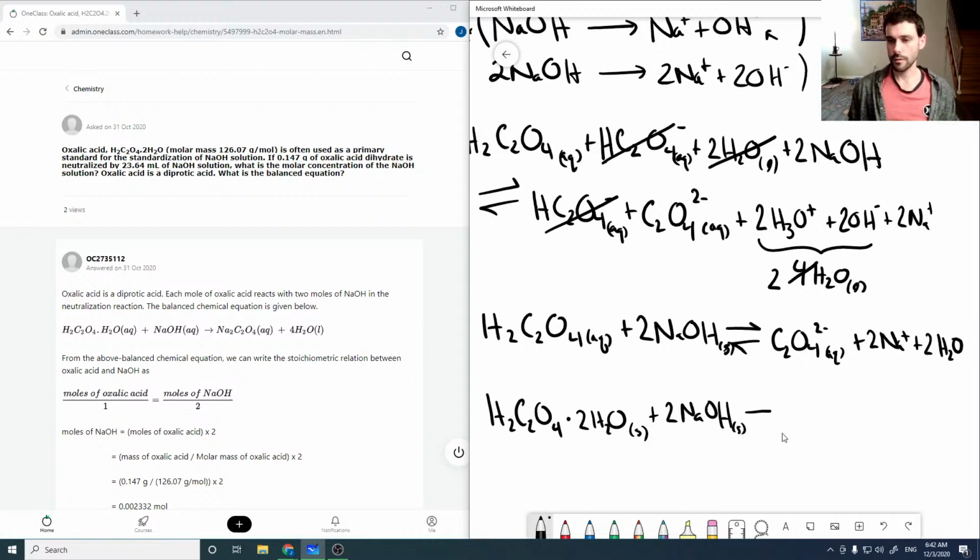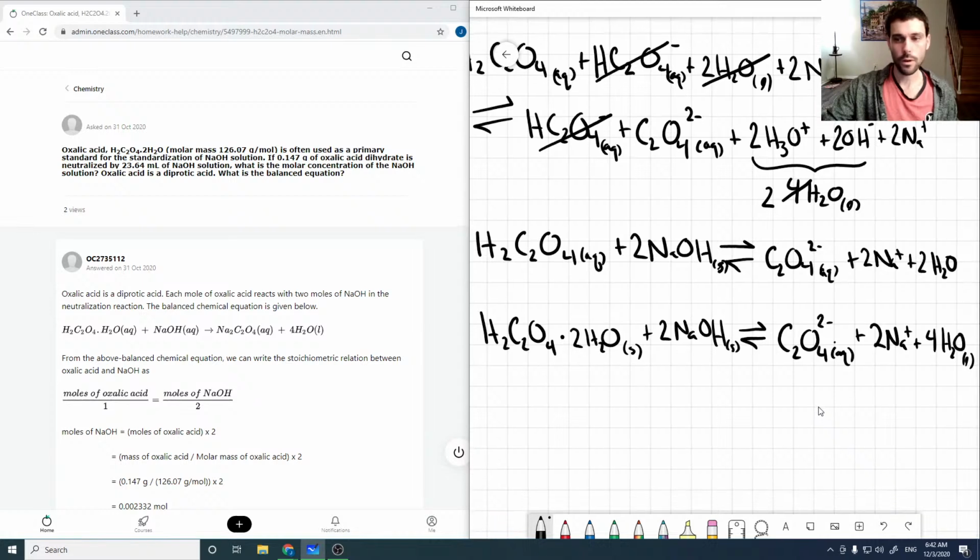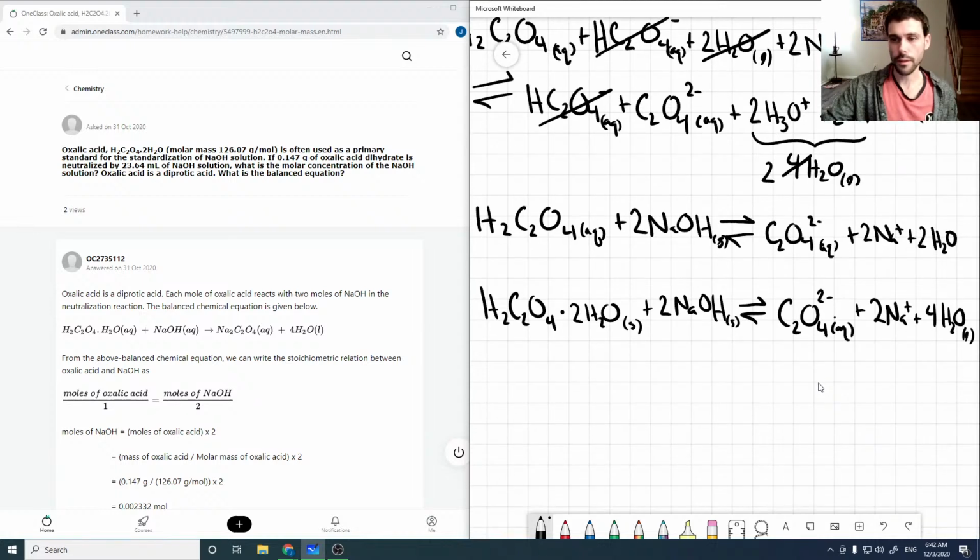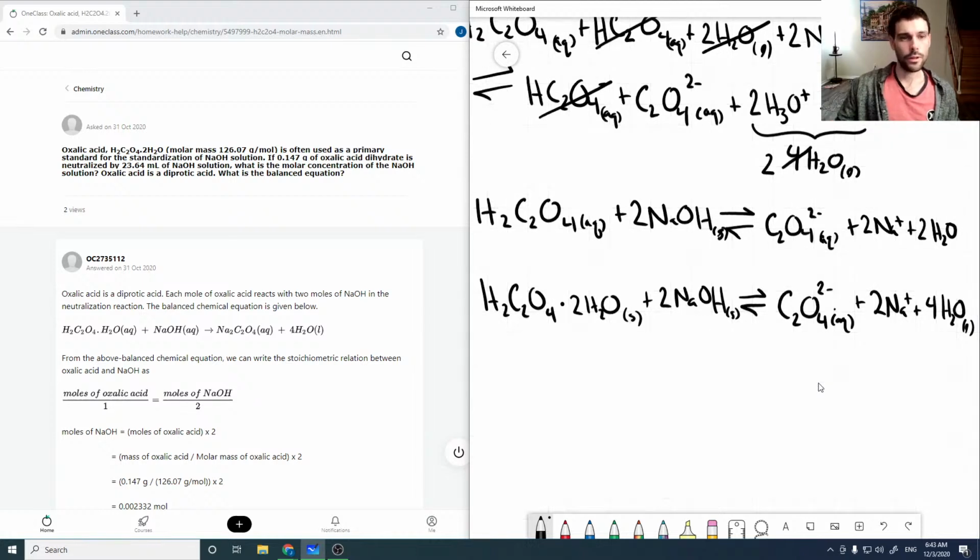And this is going to go to C2O4 2 minus plus 2 Na plus and 4 water in this case. But as water is our solvent, having 4 water on the right doesn't really change the water concentration. Okay, so that would be our balanced chemical equation.